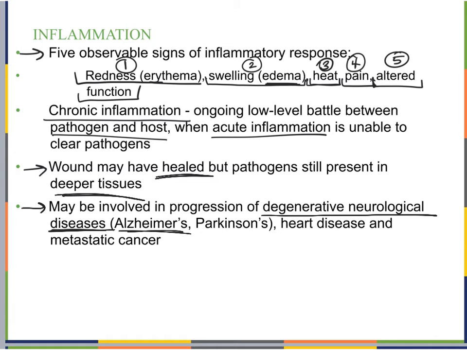And they can see a relationship between low level or chronic inflammation in the body and these neurological diseases like Alzheimer's and Parkinson's. It also can be related to heart disease and metastatic cancer. Metastatic means that it has moved from one location to another location. So this could be in response to a body that is inflamed or as inflammation.